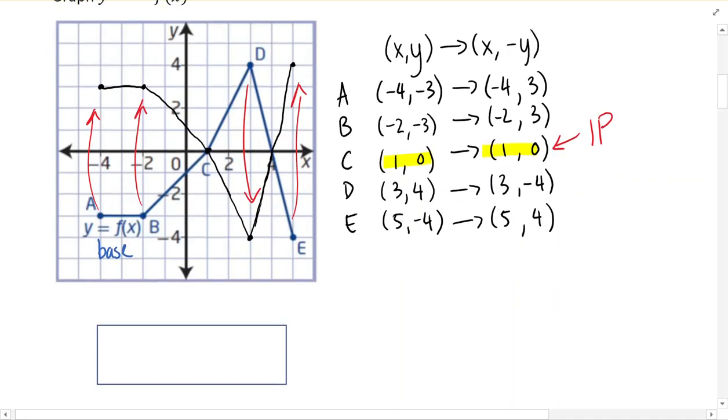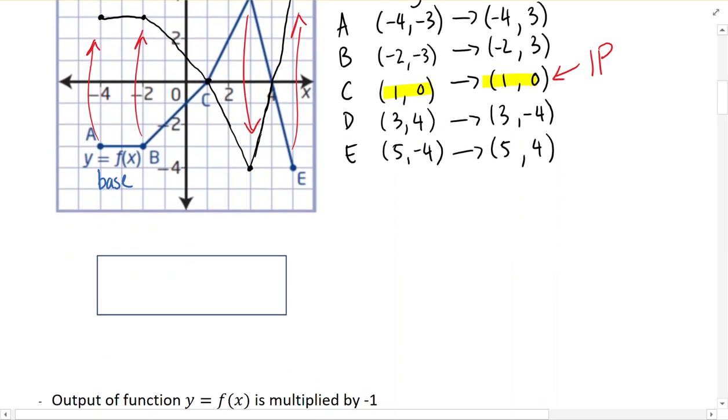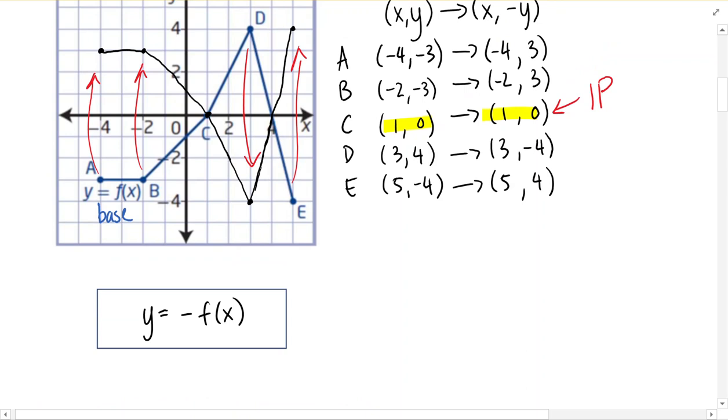Okay, so from our particular graph here, we saw that we multiplied our function y by negative. What happens when we do that? Our points either move up or down, and it gives us an image that is reflected. Since it's being flipped up and down, it is a vertical reflection.